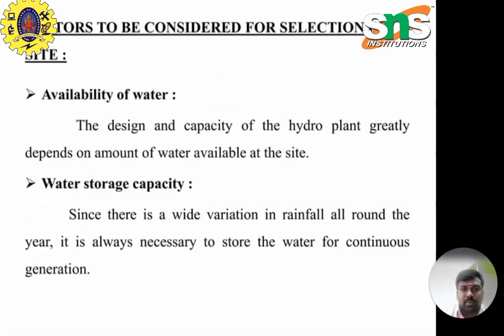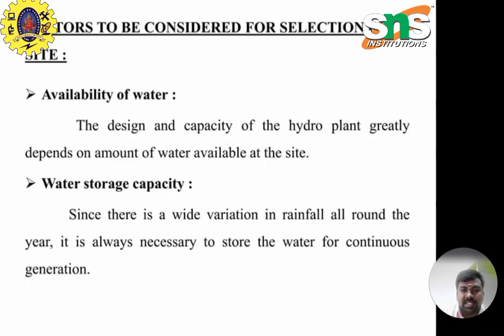These are the factors to be considered for selection of this site. The selection of the power plant site is most important, and it is selected under the following factors. The most important is the availability of water, because in the hydroelectric power plant water is used as the energy source.